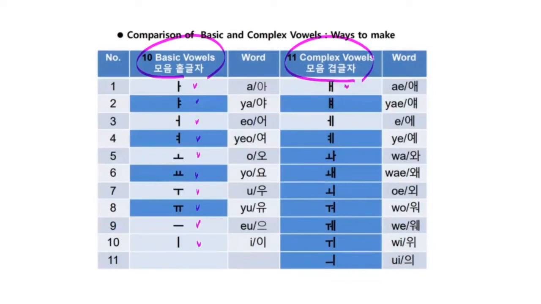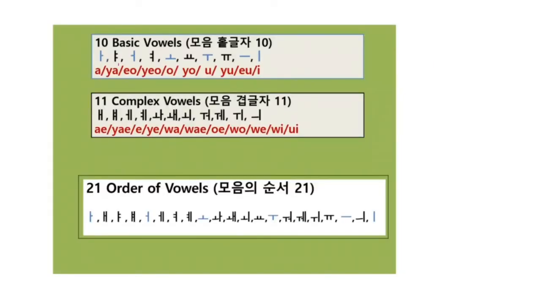And ye, wa, we, wo, we, i. Good. We learned the vowels. Look again. 10 basic vowels and 11 complex vowels.